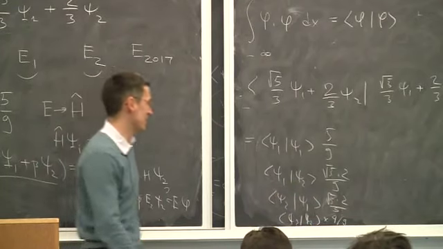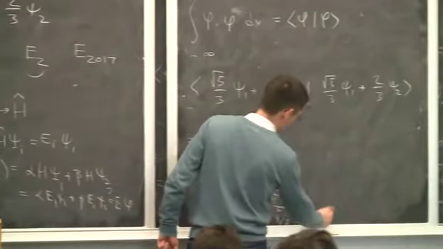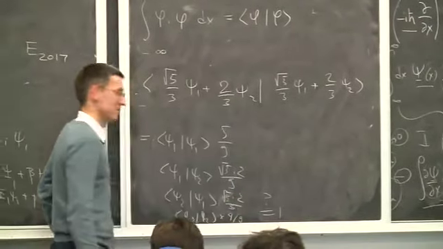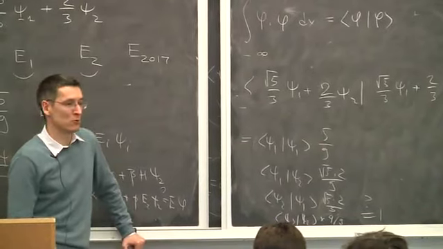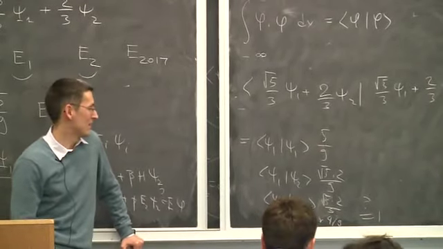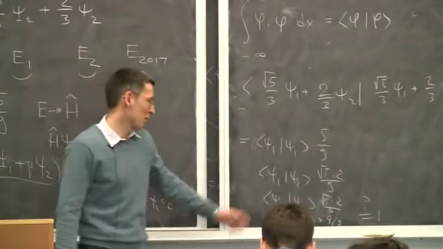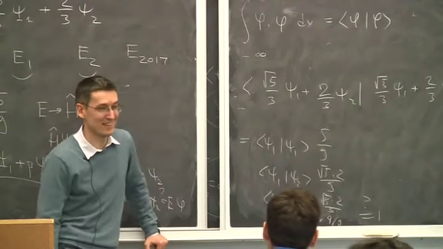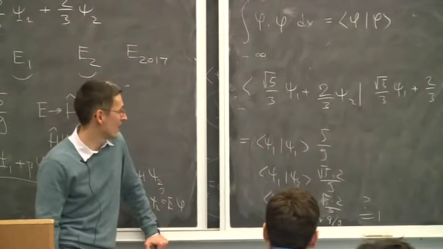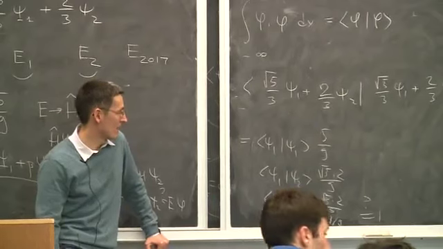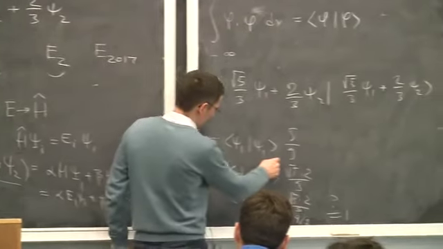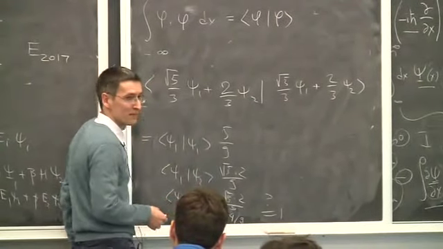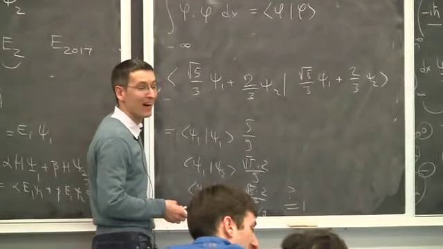The question was, this sum, is it 1 or not? It is equal to 1. Would you care to elaborate? Because this doesn't look like 1 to me. Okay. Why?